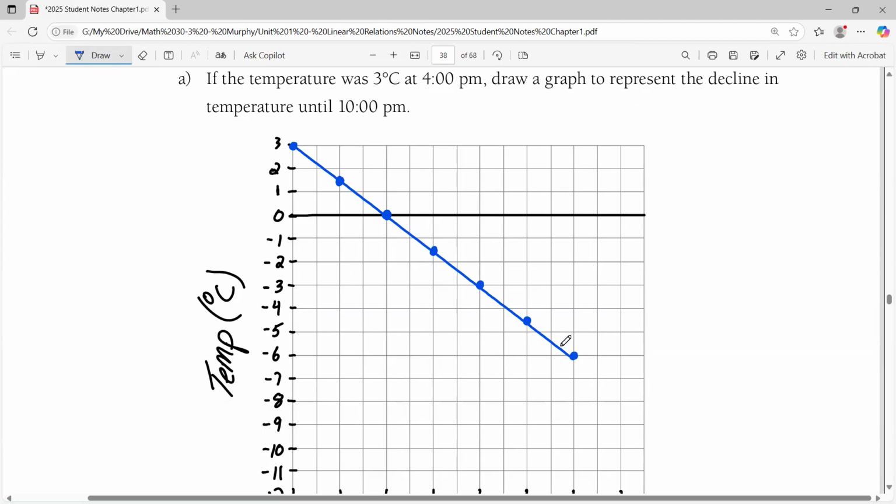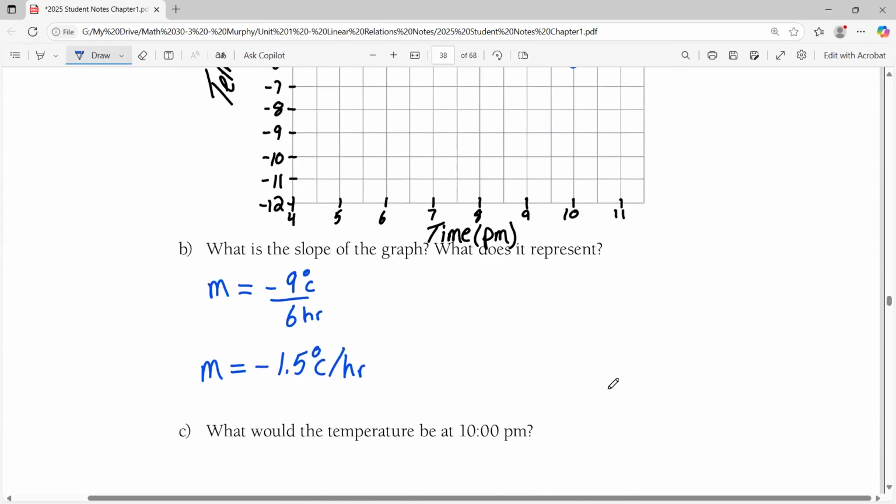Anything that goes down is negative. Or again, you could just say it went down this much per hour, right? I'd be okay with you even putting per hour. That's fine.